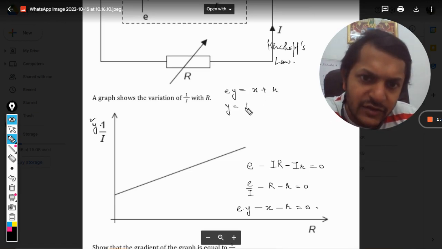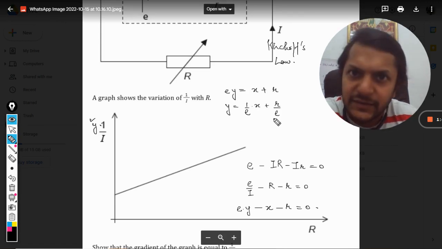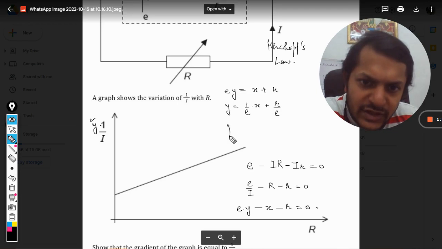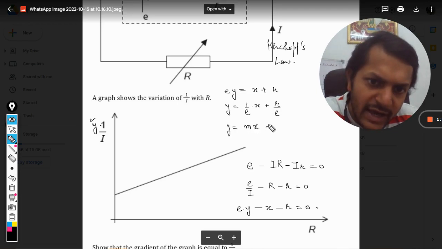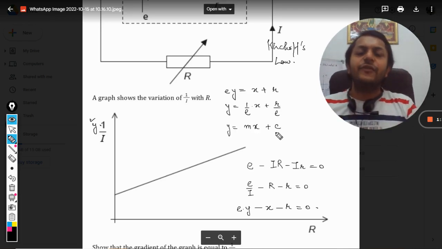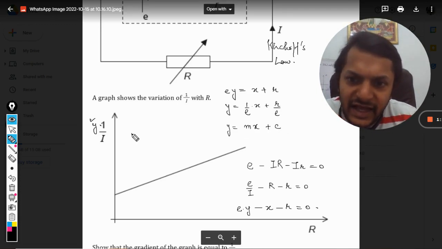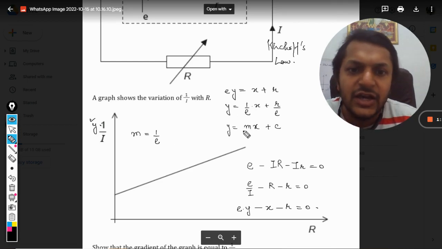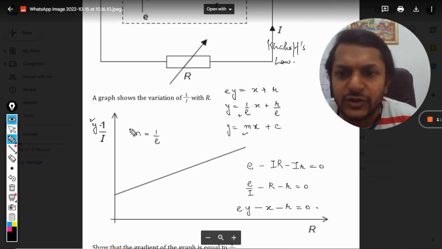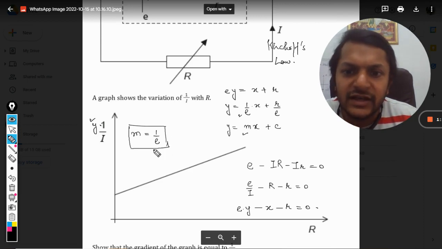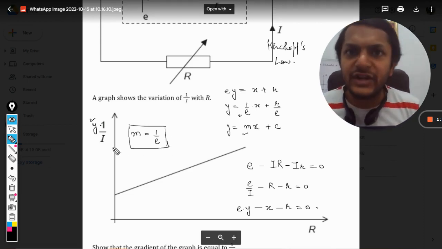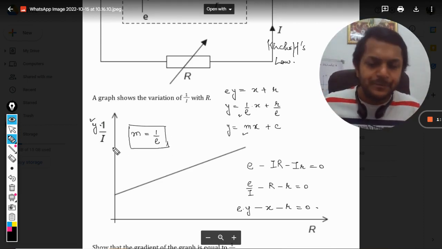So y is equal to 1 by E into x plus r by E. Now this has to be compared with y is equal to mx plus c, which is the general form for the straight line. So from here we can say that yes, the slope m is coming out to be equal to 1 by E. So the first thing is clear to us, and we have proved that the slope for the straight line should be 1 by E.